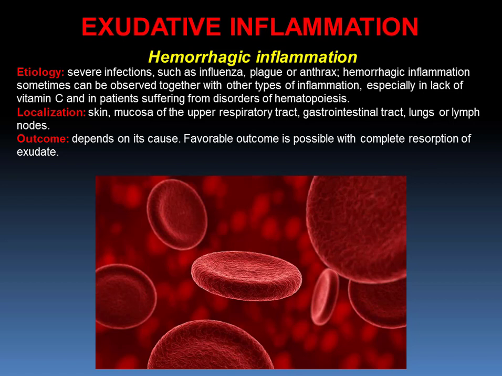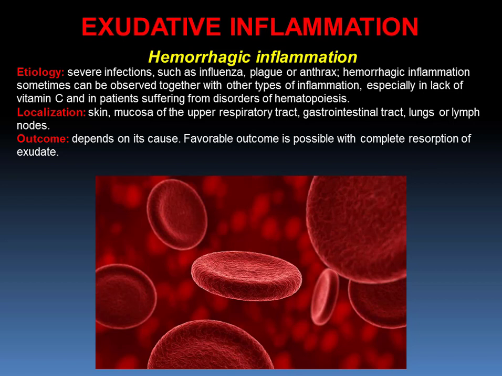Immigration of leukocytes is low due to negative chemotaxis. Sometimes the content of RBC in exudate is so great that it resembles bleeding. For example, anthrax meningoencephalitis, when the meninges have a reddish color and have a specific name, red cap of cardinal.